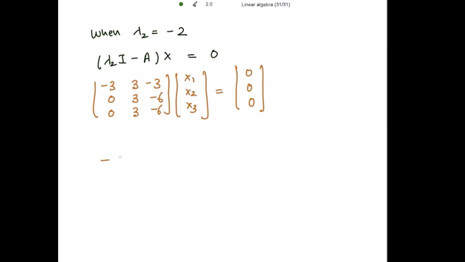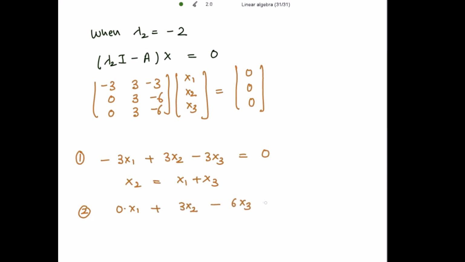And now writing the homogeneous equations. So we get minus 3x1 plus 3x2 minus 3x3 equals 0. That is, x2 is equal to x1 plus x3. This we have got from the first homogeneous equation. And then the second equation, that is 0 into x1 plus 3 into x2 minus 6 into x3 equals 0, or we can write this as x2 minus 2x3 equals 0, or x2 is equal to 2 times x3.